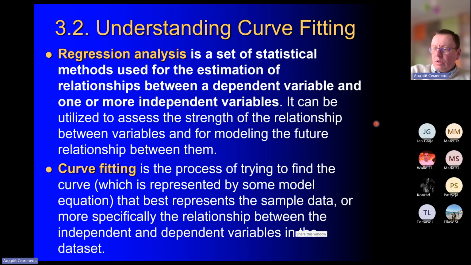Actually, it's not only used with time. Time is the most common case of an independent variable for regression analysis, but it works not only for time. Speaking of methods, one of the simplest and most common is curve fitting, where we try to find a curve, a typical type of curve that will best represent our data sample.